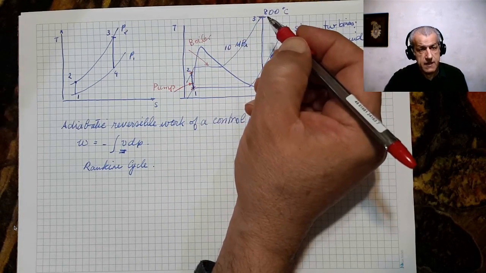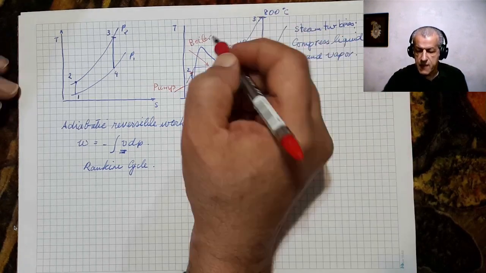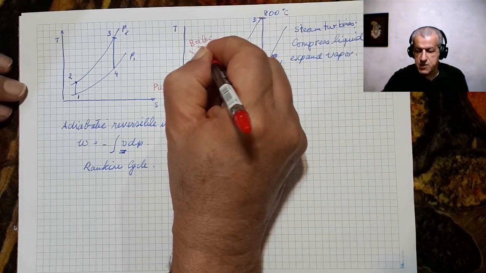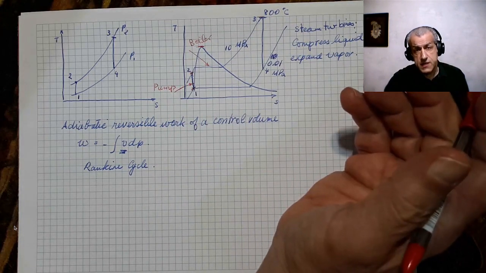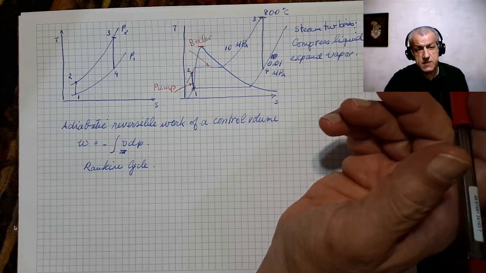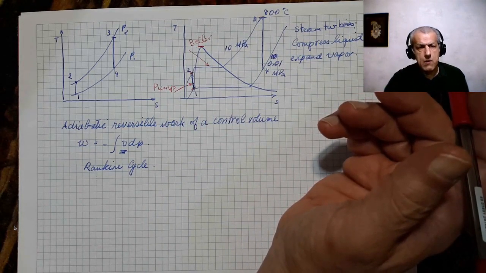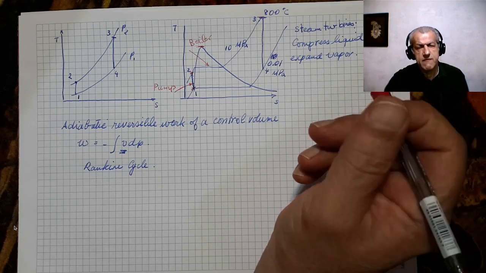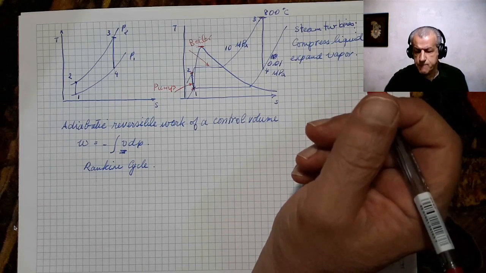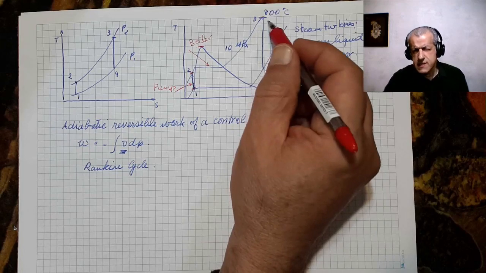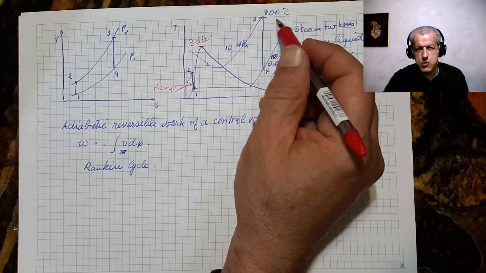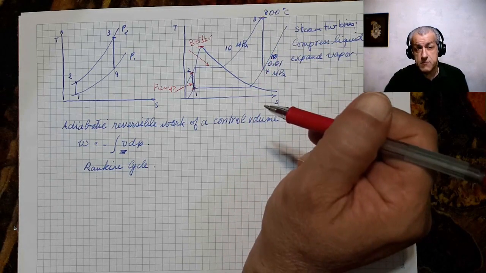Just to give an idea of what that means, the critical point temperature is about 374 degrees C. 800 degrees C is a bit high, a bit unusual for steam turbines.